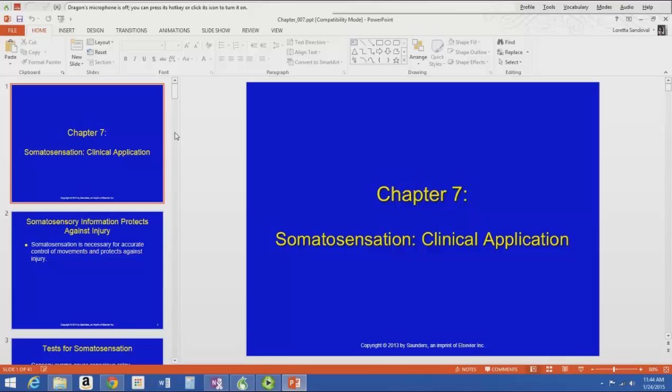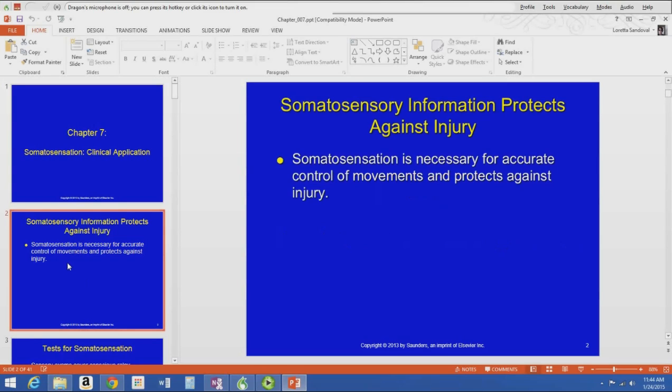So the somatosensory system is really necessary for protecting us against injury and for accurate control of movements. So if we didn't have any somatosensation, we'd be going through the world, stubbing our toes on things and sticking our hand in the fire accidentally and getting injured, and we wouldn't know it. That's not a good way to live.